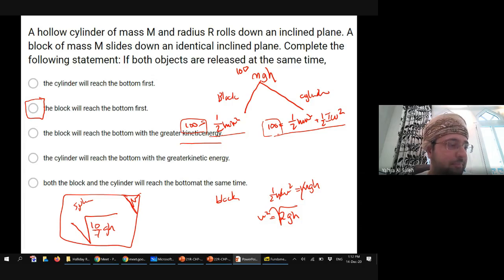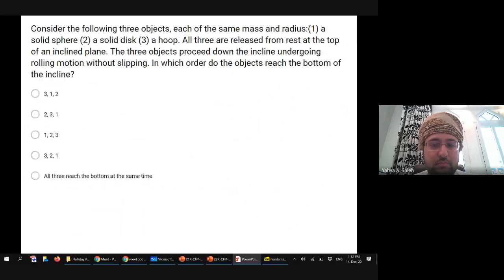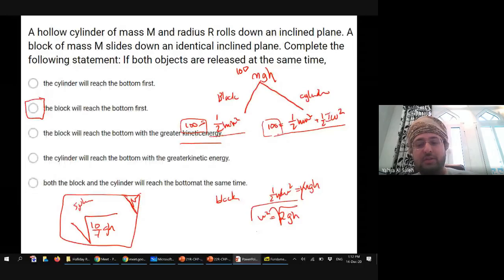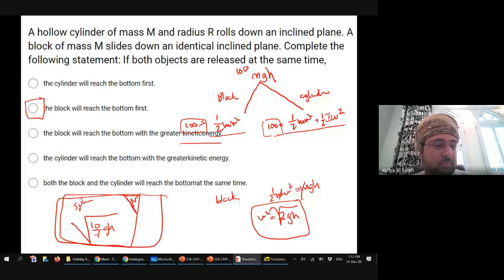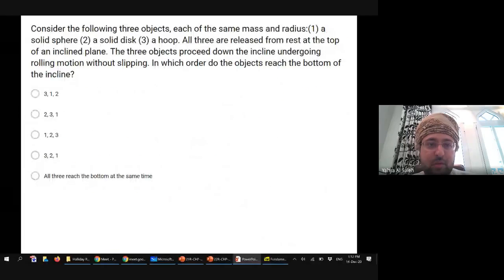Yes, same M. Notice, M does not play a part in either equation. Consider the following three objects, each of the same mass and radius.